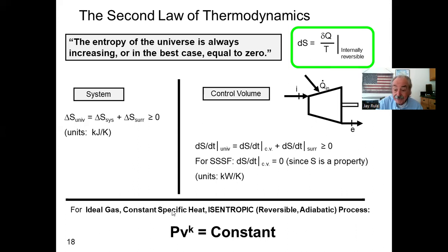Cp is constant, k is constant, and an isentropic process. What does isentropic mean? Reversible adiabatic. You got to have that in your head. Just writing that down on the formula sheet is not going to help you. You have to have this in your head. Isentropic means reversible adiabatic, and the good result is PV to the k is constant. What does that mean? P1 V1 to the k equals P2 V2 to the k. And then you can derive the rest.